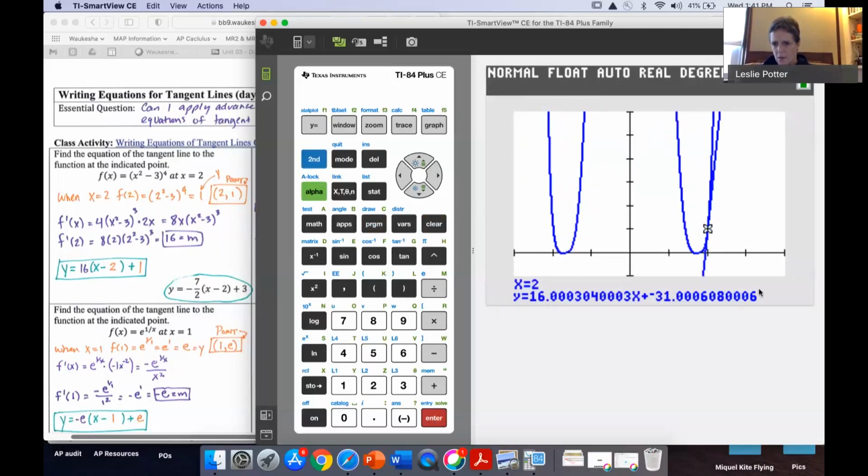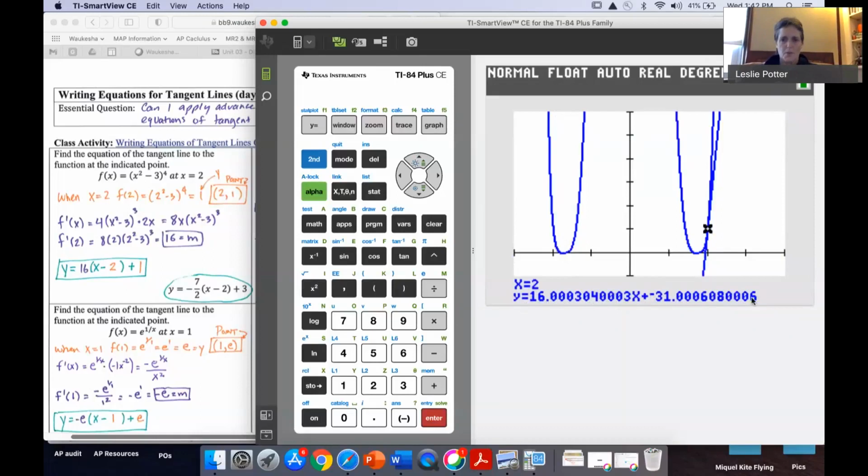And here is the equation. Notice it's 16x. We talked about all of these decimals: our calculators determine slope numerically, with limits, so all of this is round-off error. When we see this, we read it as 16x minus 31.